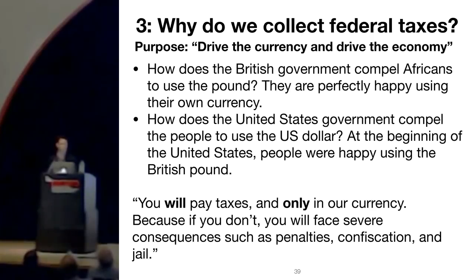So when Britain went into the countries that they tried to colonialize, how did they get those people to use the British pound? When the United States began, how did they get the people in the 13 colonies to use the dollar? Because they were perfectly happy using the British pound at the time.